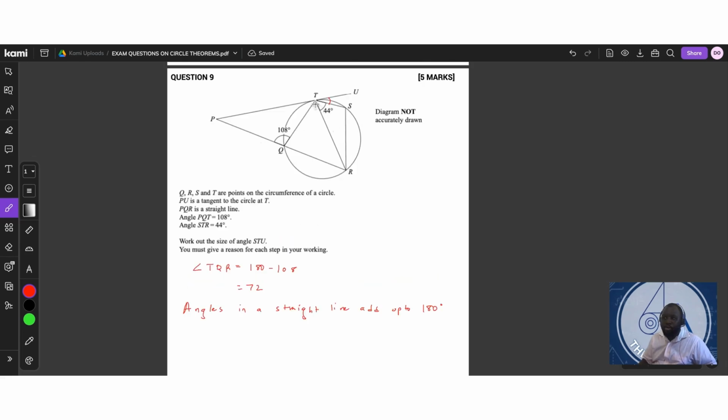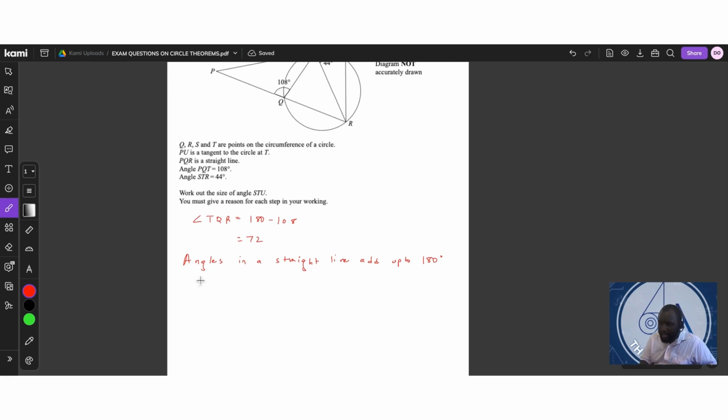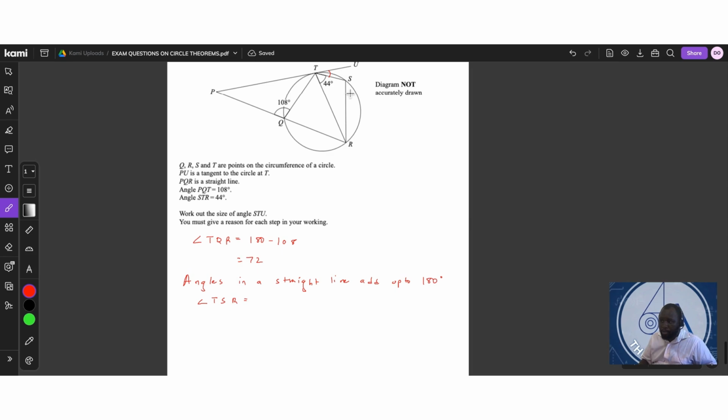Or I can get angle TSR directly. So now angle TSR, the angle on the opposite end, is 180 minus 72, which gives us 108. I would have just said the exterior angle to a cyclic quadrilateral equals the interior opposite angle. So that is a way easier way to approach it.